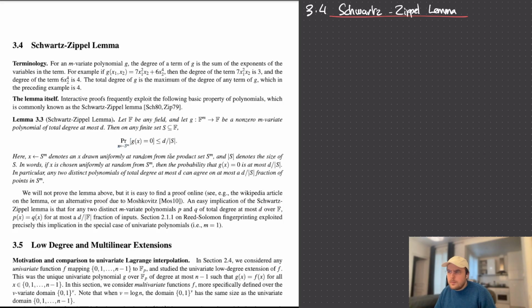But if you take a random x, the probability that g of x equals 0 is at most the maximum degree of your polynomial divided by the size of your finite set.